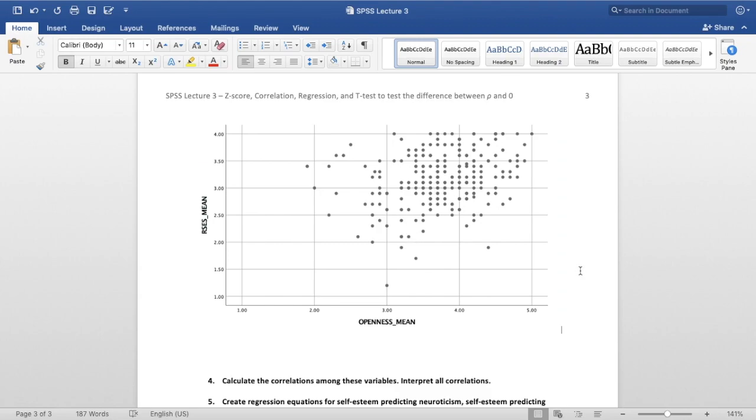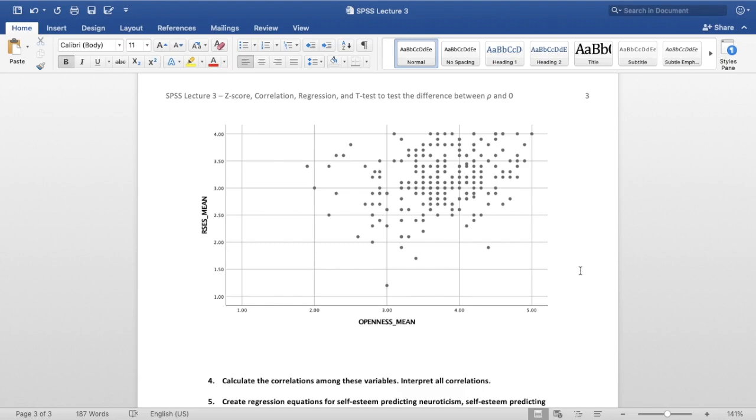Remember when we talked about scatterplots in our by hand lecture. Essentially, there's going to be a line going through these points from the lower left to the upper right. Because the line is slanted in that direction, it's easy for us to understand that there is a positive relationship between these two variables.